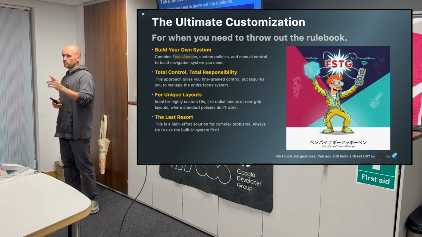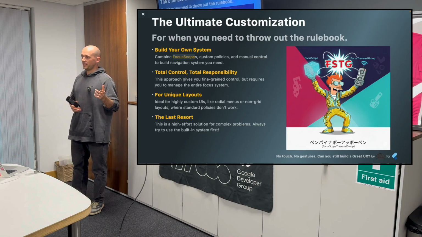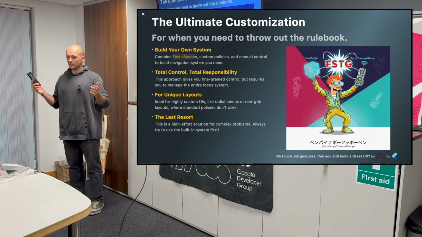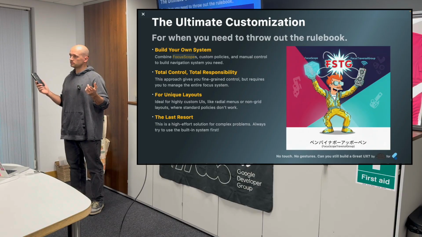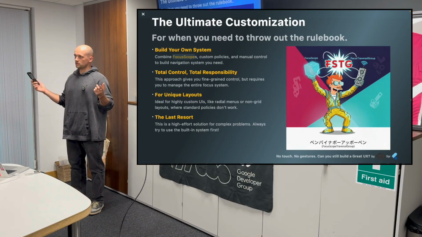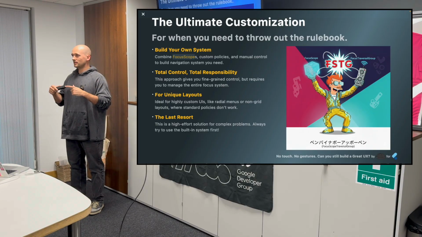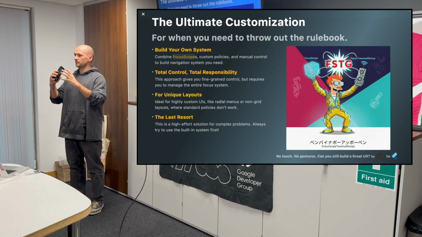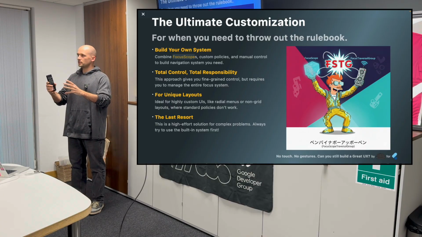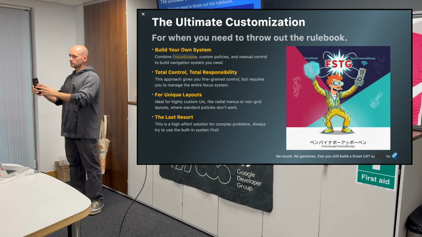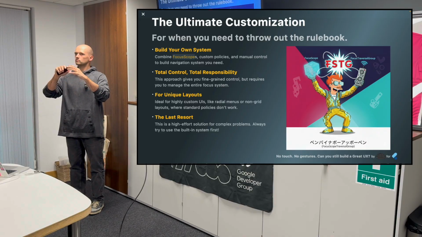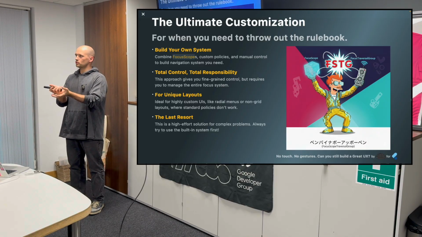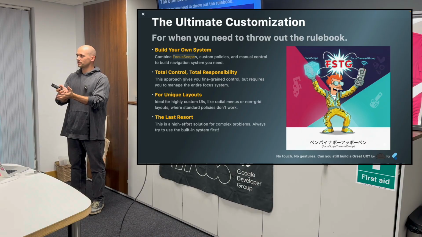Ultimate customization, if you still remember that one, I have a pen and I have an apple, and here I have a focus scope and I have a focus traversal group. We can merge them together, and they will define a specific unique widget for us to define rules and to isolate our focusable area to follow these rules.